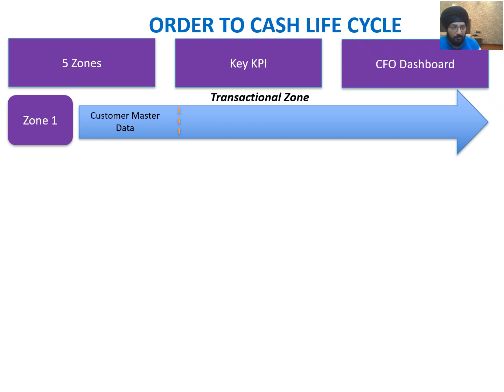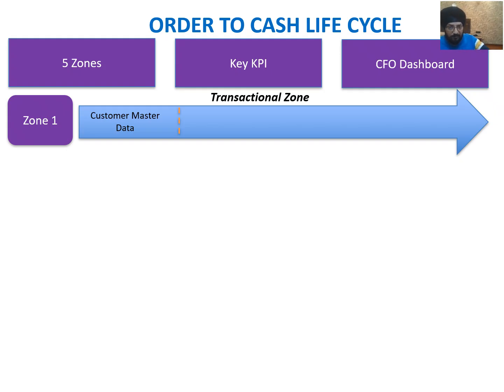That can be the name of the customer, the region he belongs to, the address, and other credentials like PAN details, GST number, and other useful information required to create an order in the system. Later we also need details like bank details, so that when we have any kind of dispute or have to issue any refund, we can do that to a particular account. So this is largely a transactional zone for us.